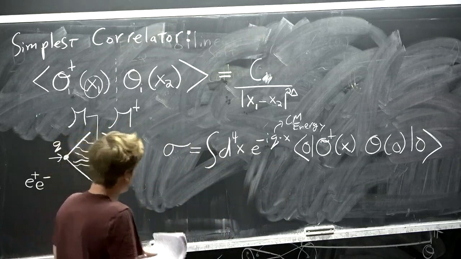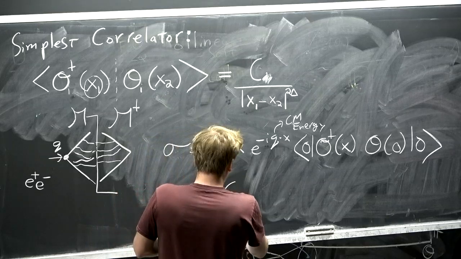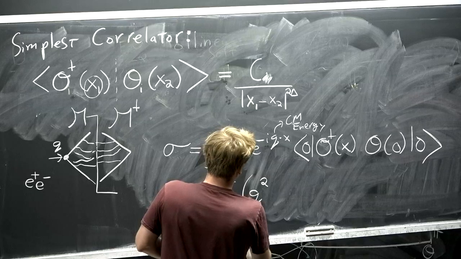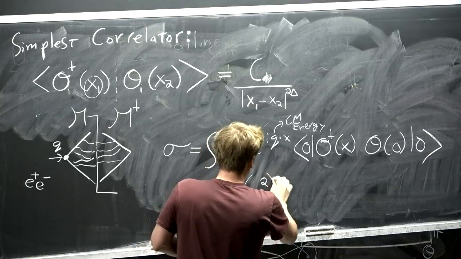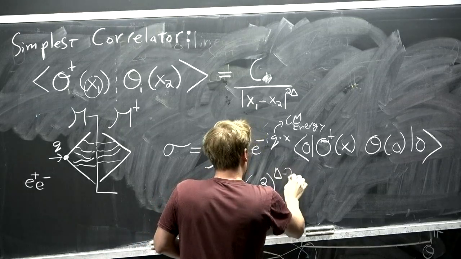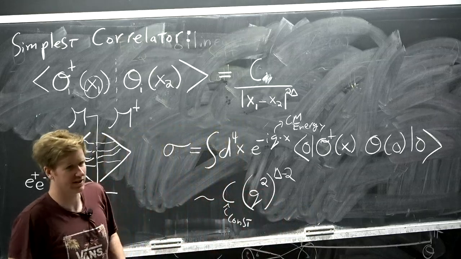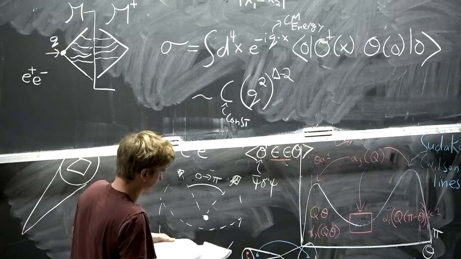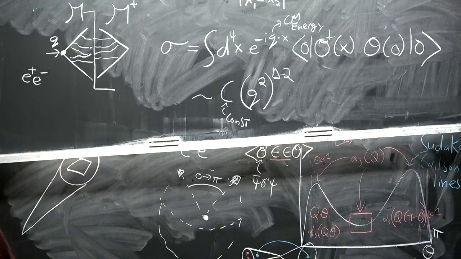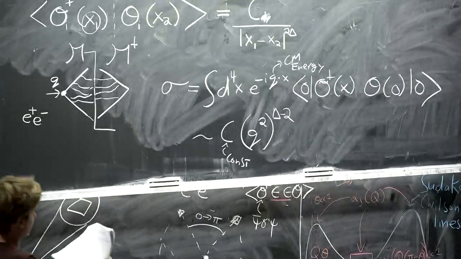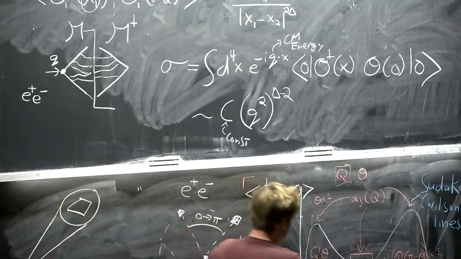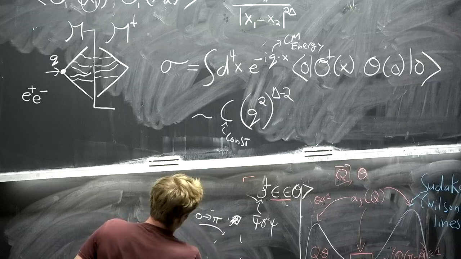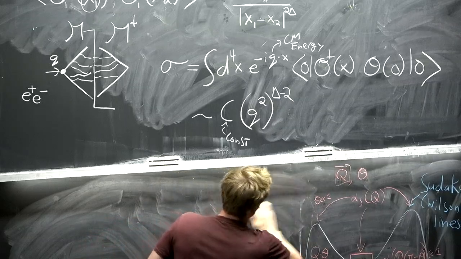The only thing it predicts is that this goes like some constant times q squared to the delta minus 2. This is a nice exercise to do. For people who want to do this more closely, I'll write down more precisely how to do the integral, but this is just a very quick aside about the actual constant and the i epsilon prescription.